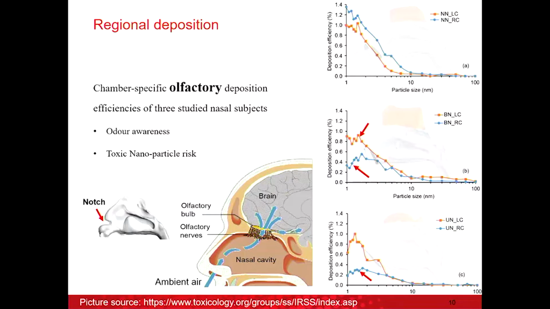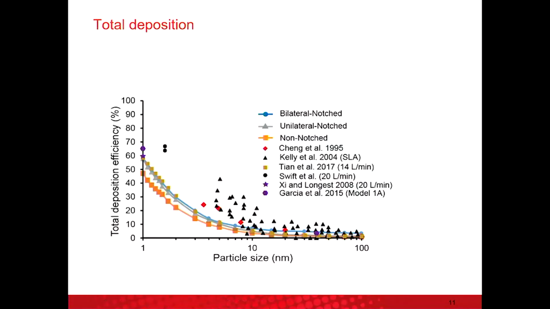So if we calculate the deposition efficiency along with the particle size, we can plot this efficiency curve for different subjects, and we can analyze how the particle deposition results differ with the morphological difference.